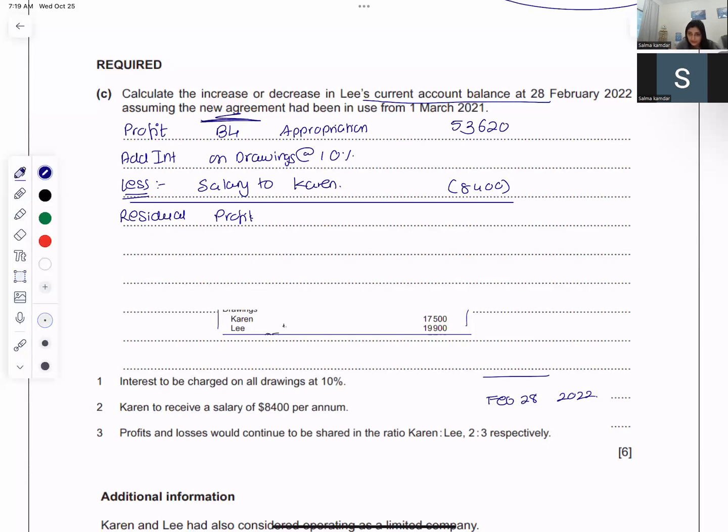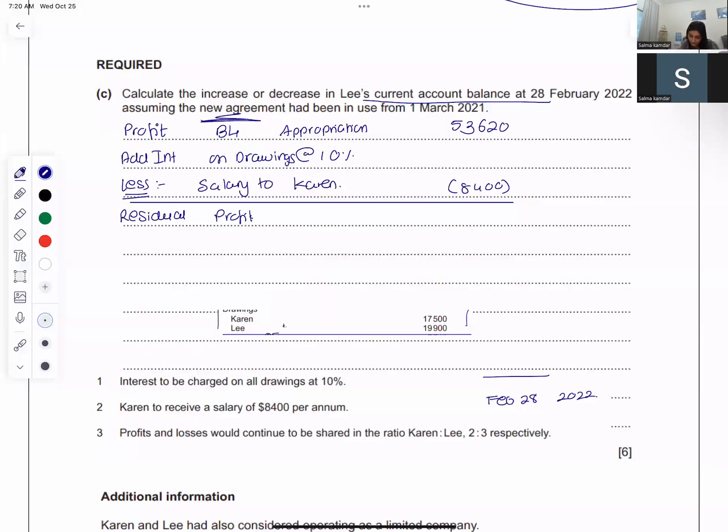Interest on drawings at 10%. So this is 37,400 into 10%, which is coming up to 3740.